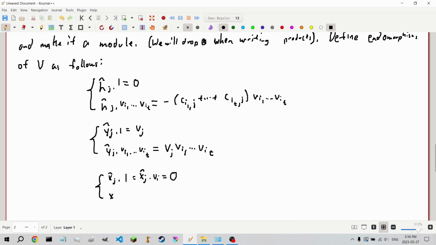And then for multiple vectors, we want x hat j acting on v_i1 through v_it to be v_i1 times the action of x hat j on v_i2 through v_it, minus δ_i1,j times c_i2,j plus through c_it,j times the product of v_i2 through v_it.